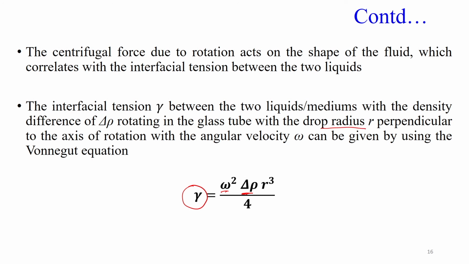The drop radius r we have to analyze from the image, the drop shape image. So, if you know the speed of rotation omega, the difference in the density, and the drop radius, then we can estimate the interfacial tension using the Vonnegut equation. So, this equation is also known as the Vonnegut equation.